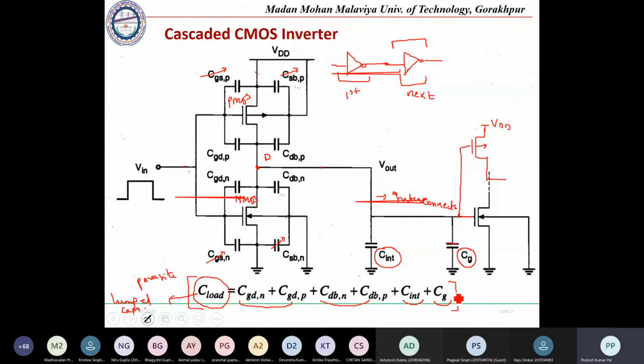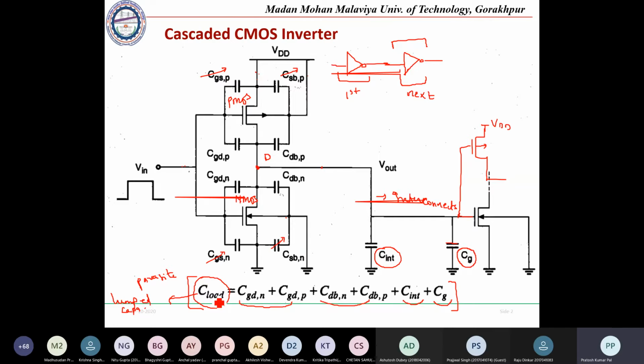We will use C load for the analysis of any circuit. If we connect C load to the output terminal, it incorporates all the parasitic capacitances, whether from the interconnect, the next stage, or the transistors' own parasitics. This will be the basic representation while analyzing.